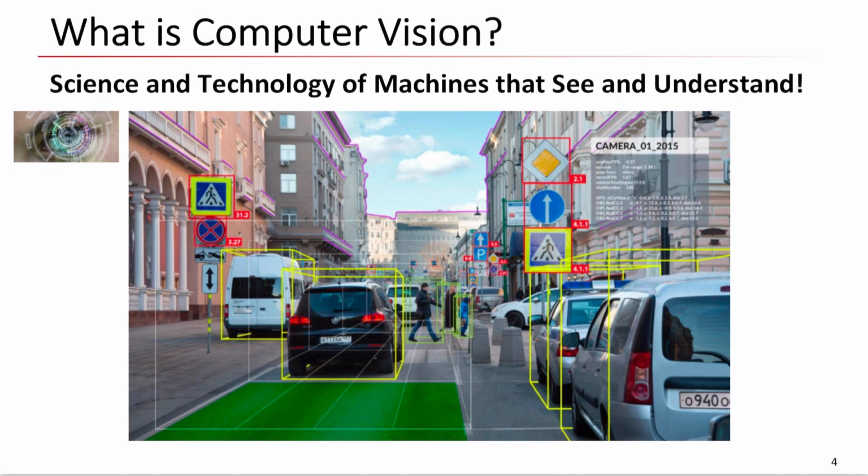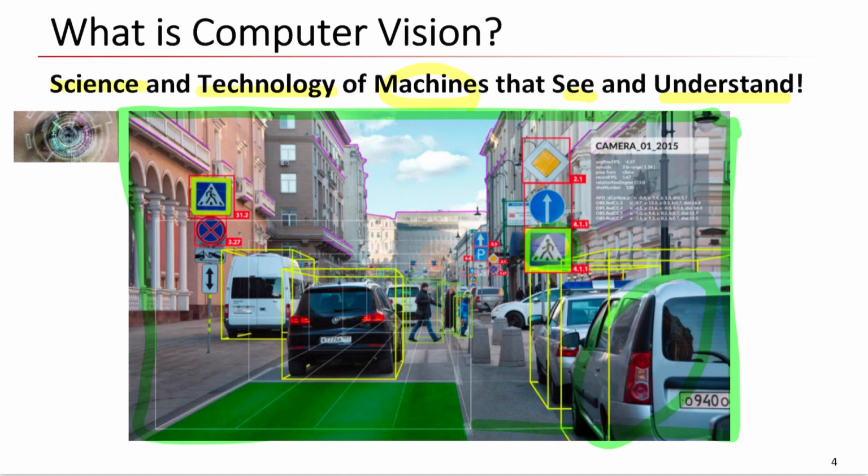Okay, so let's start. First of all, what is computer vision? Computer vision is the science and technology of machines that see and understand. As you can see here, if we have an image like this, a human like us can understand that there is a car, there is a traffic sign here, right?